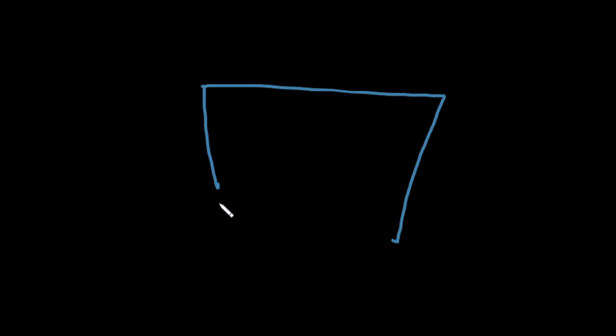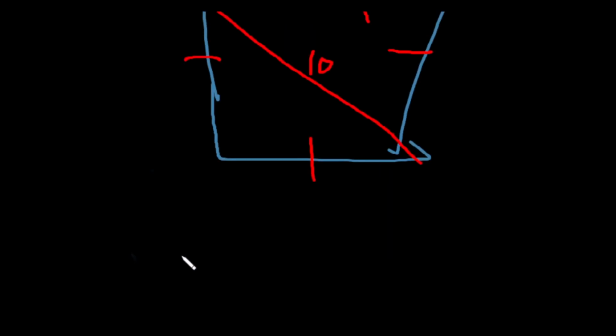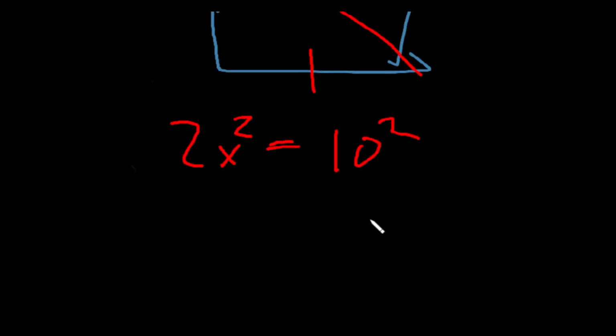Do a square. And there's a thingy at its middle. And it asks you to find the area with 10. So since we know these are the same because they're a square, we can say 2x squared equals 10 squared.